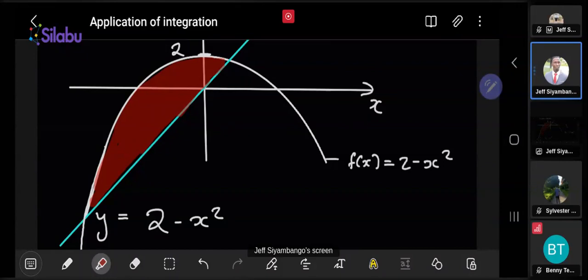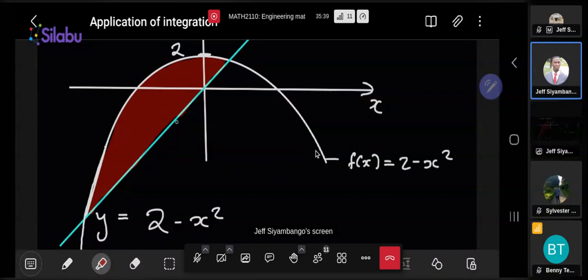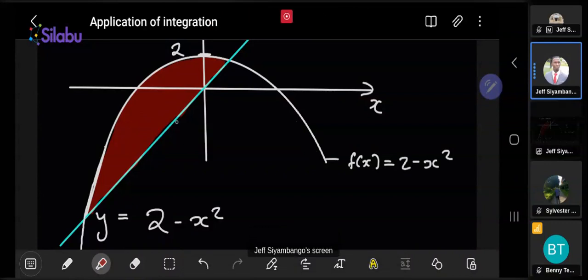Notice that in this case, they did not even bother to tell us what A is or what B is. Why do you think that is the case? Is it that we don't need them?